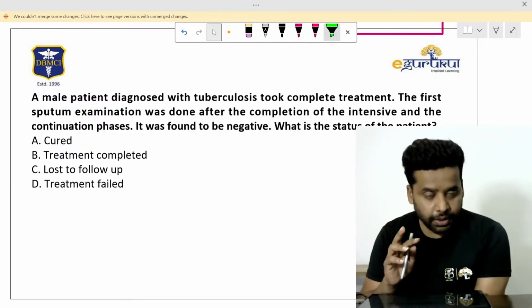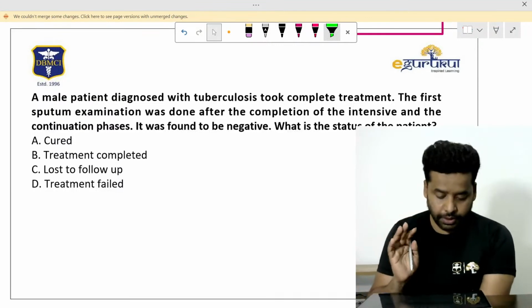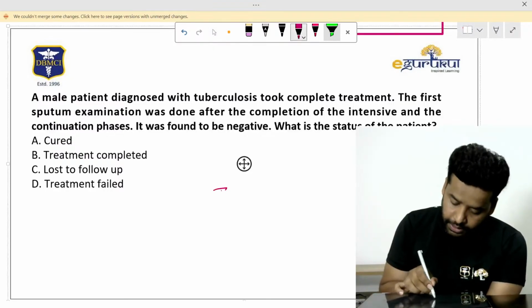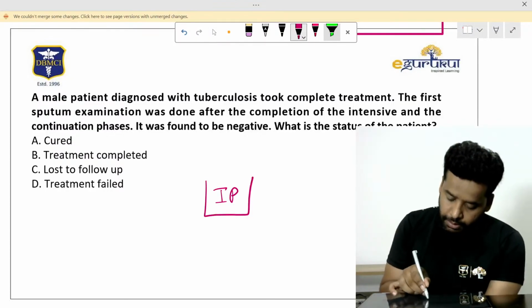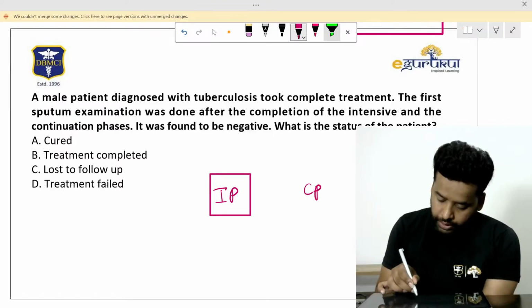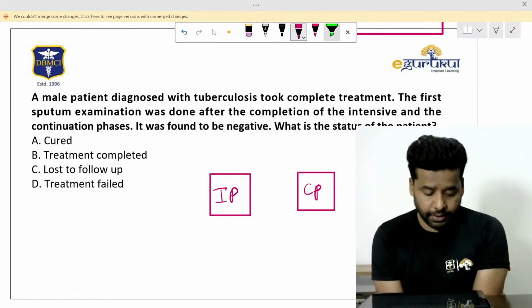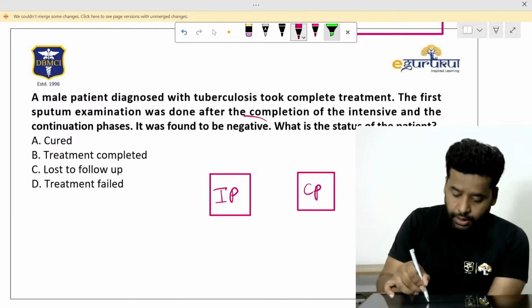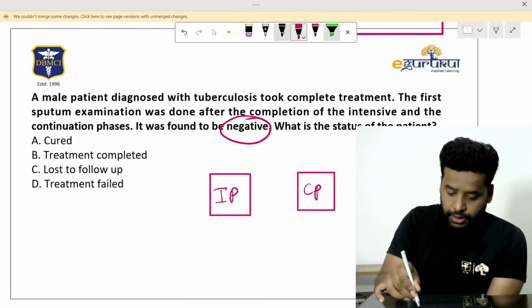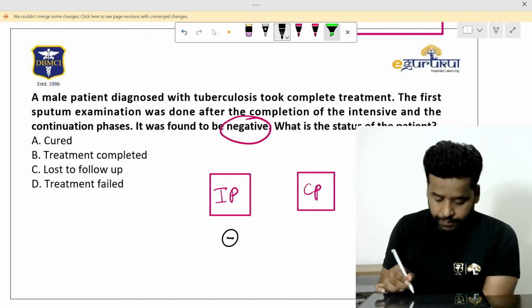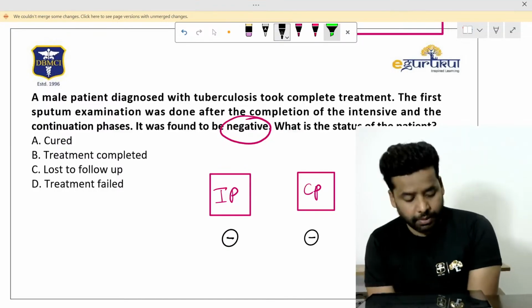Intensive phase 2 months, continuation phase 4 months. Both the samples are negative. This is the question.